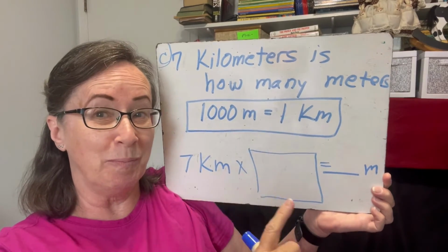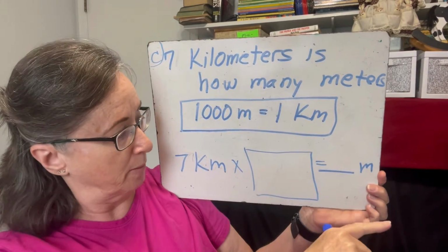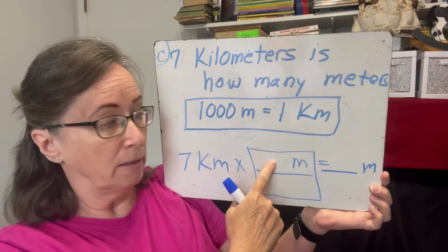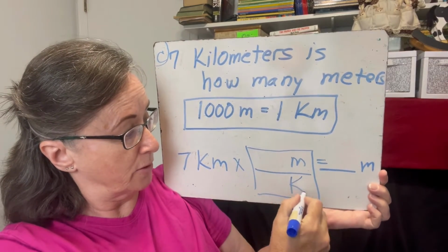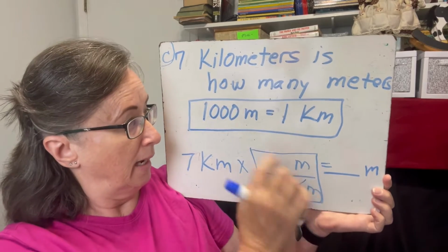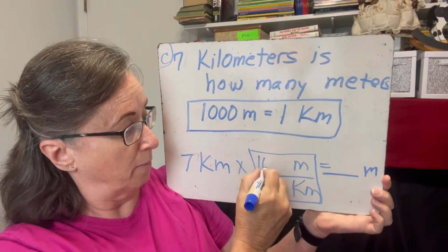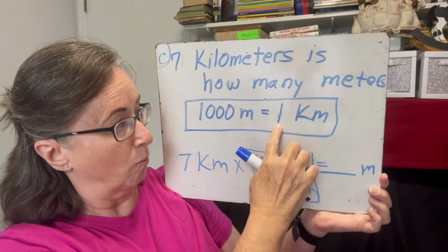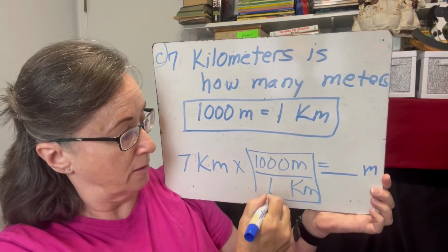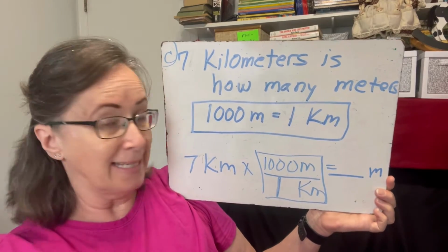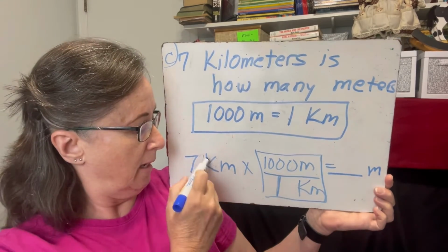Since I want meters to come out of the problem, I want meters on the top, and I'm going to put the kilometers on the bottom, and then 1,000 goes with the meters, and 1 goes with the kilometers to make my ratio a true ratio. And now I just multiply.